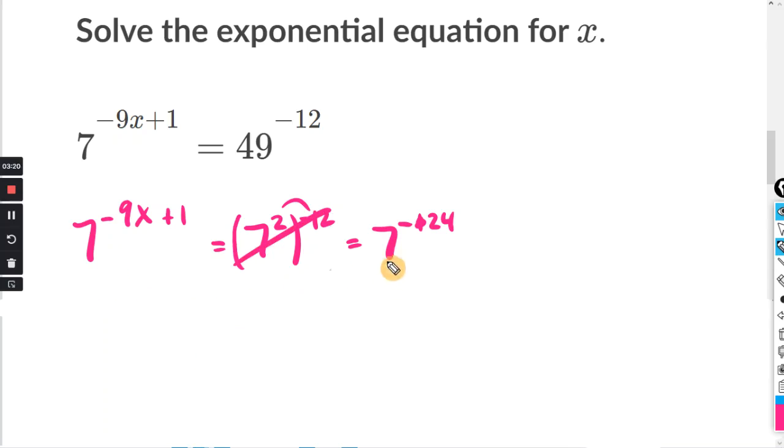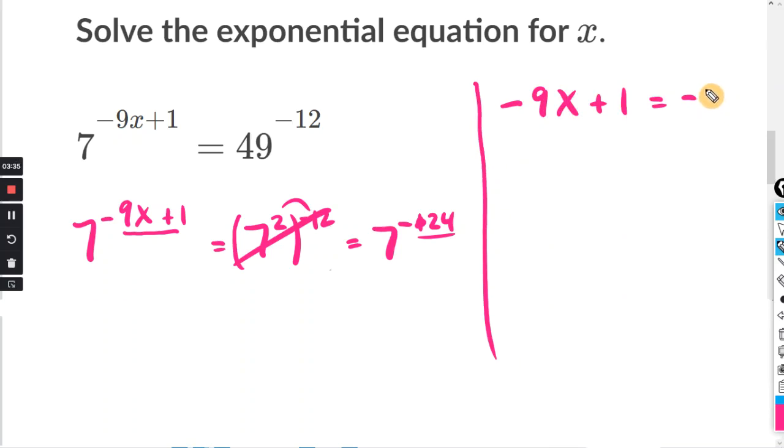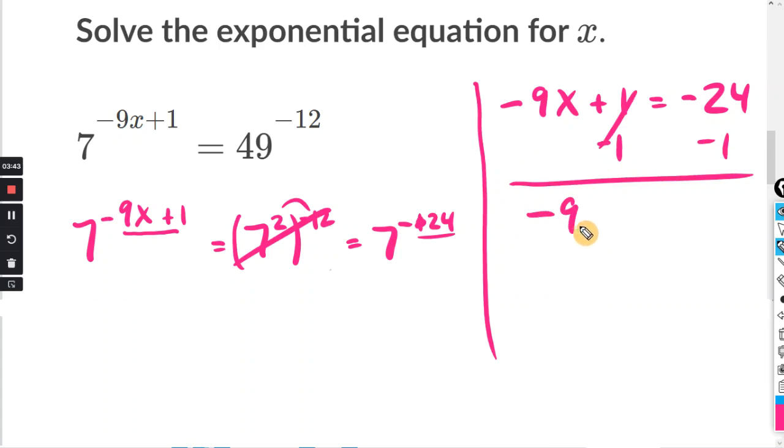Now that the 7's match, we can just match the exponents. Negative 9x plus 1 equals negative 24. Subtract 1 from both sides. The 1's cancel. Negative 9x equals negative 24 minus 1 is negative 25.